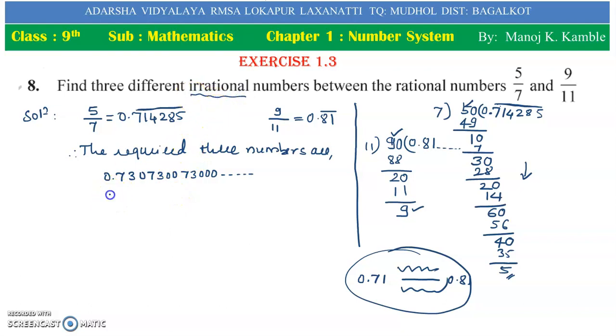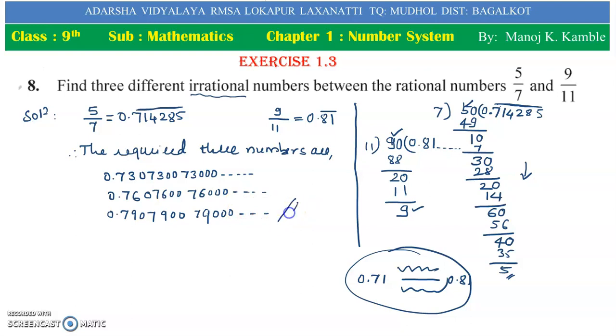Next, I am taking 0.76 0 76 00 76 000 and continue. Take 0.79 0 79 00 79 000, continue like this.